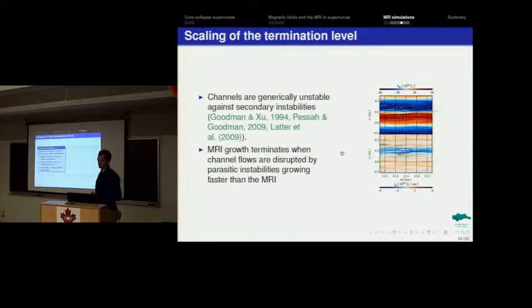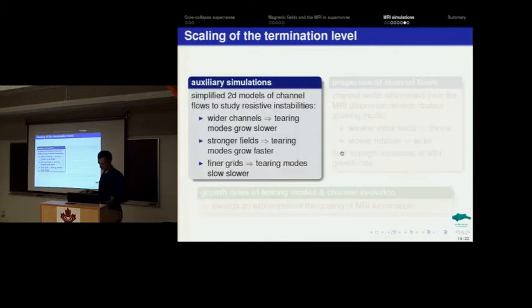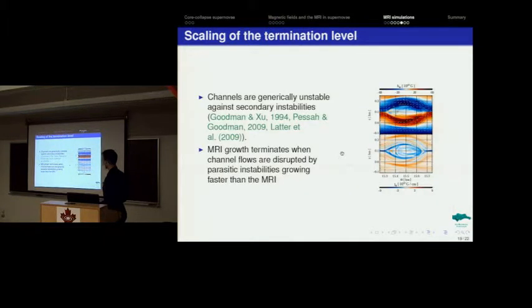And now to understand this termination level, and in particular the relation with omega, where slower rotation leads to stronger termination, we tried to understand the dynamics of those instabilities by performing auxiliary simulations of roughly a model of those channel flows, to understand how these resistive instabilities grow.